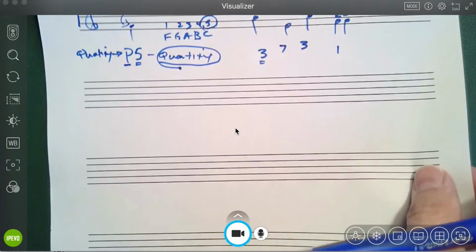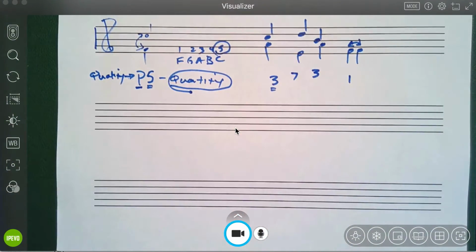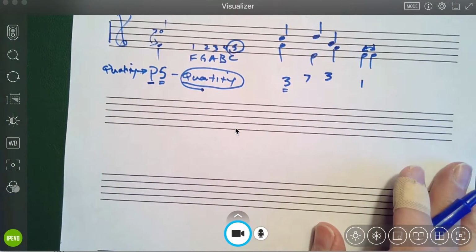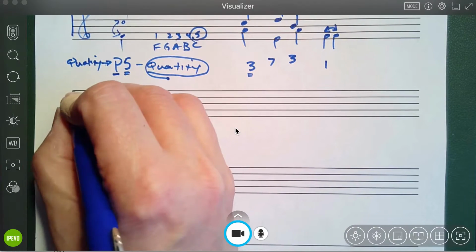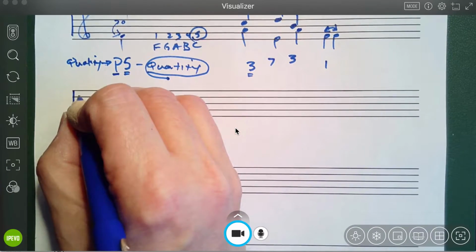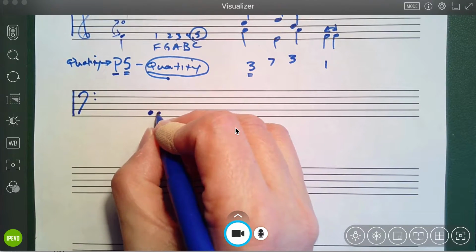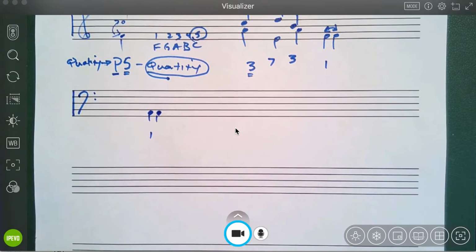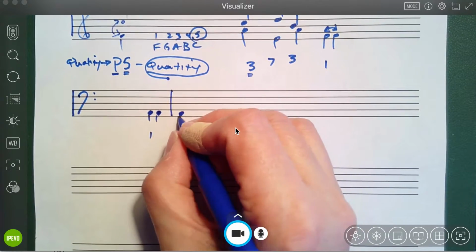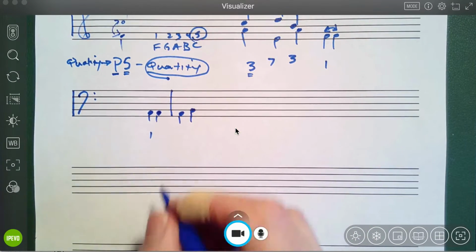Very quickly about the quantity, I want to talk about all the possibilities. Say I'm in the bass clef and I've got A and A. That's a 1. A and B, you count A, B, that's a 2.